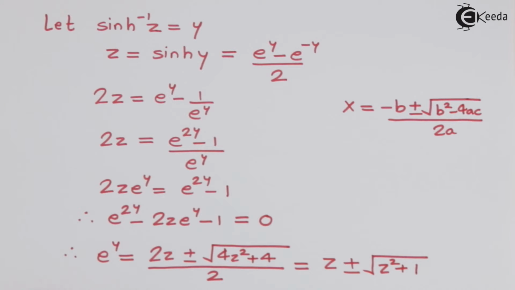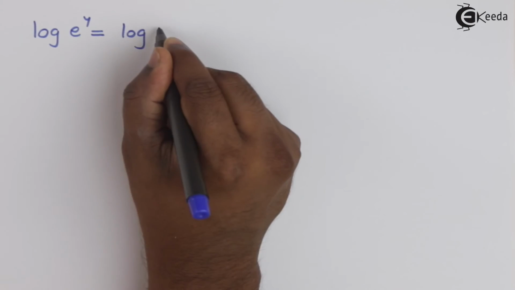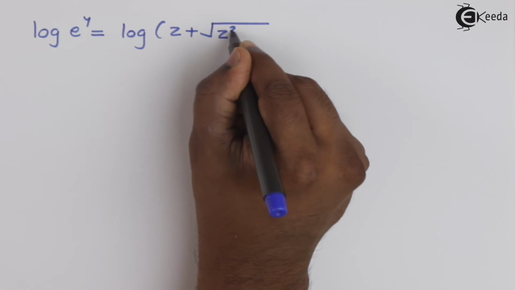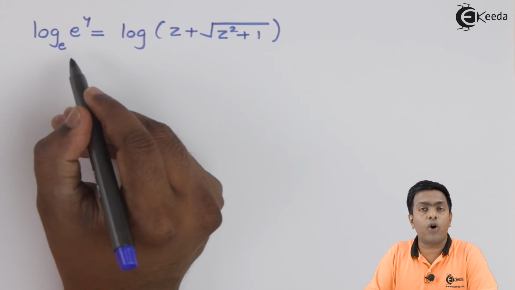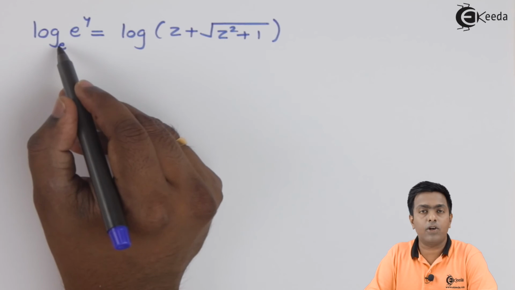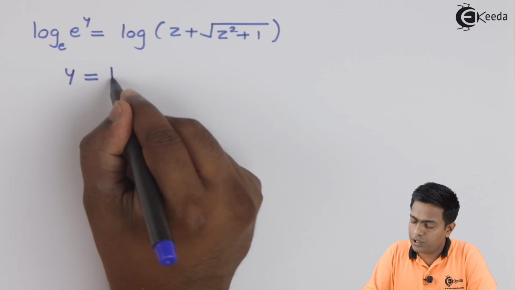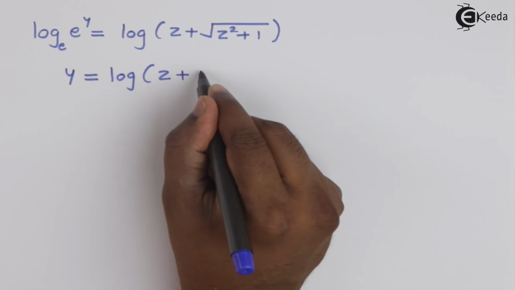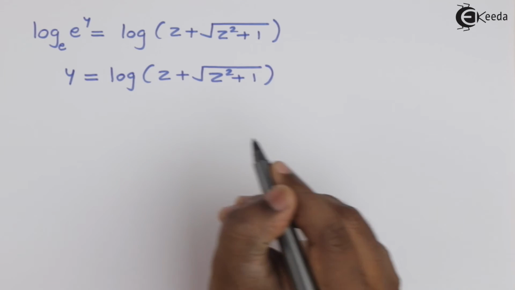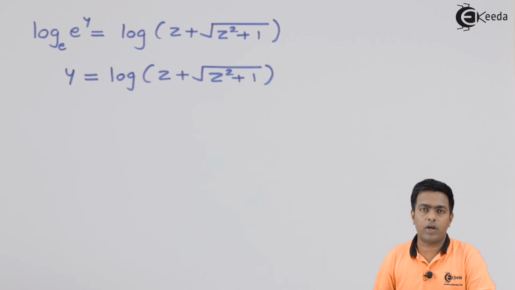Now we'll take log on both sides, so that here we will get y. The base of log is e, therefore e and log e will cancel and we will get only y on the LHS, which is equal to log of z plus under root z square plus 1.